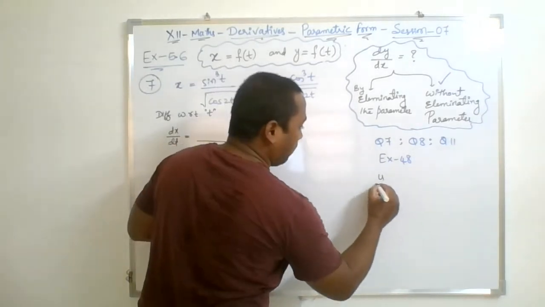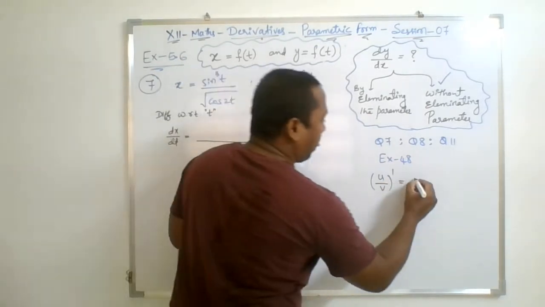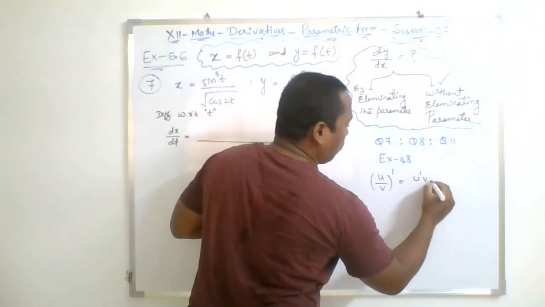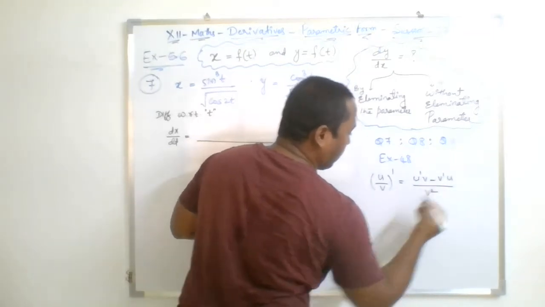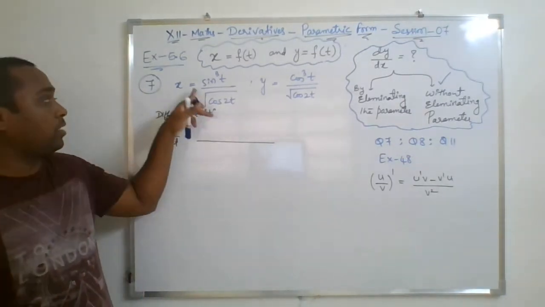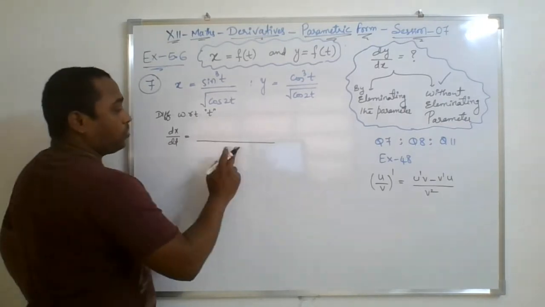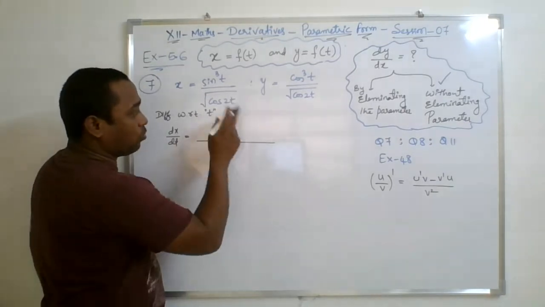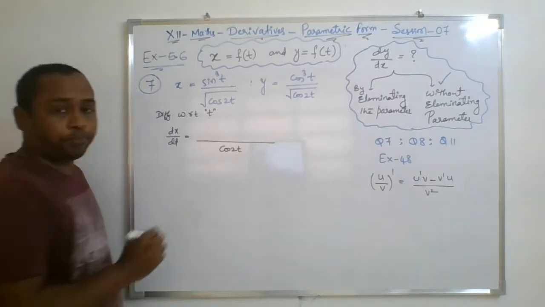You know, the derivative of u by v is u dash into v minus v dash into u, by v square. So by using this quotient rule, this is u, the entire numerator, and this is v. If you square the denominator, the square root gets cancelled, and you will be left with cos 2t.